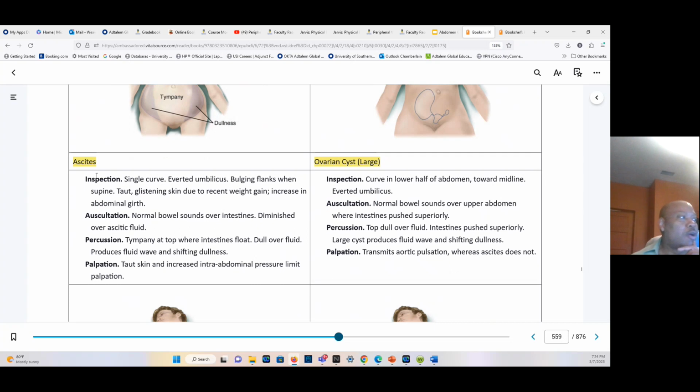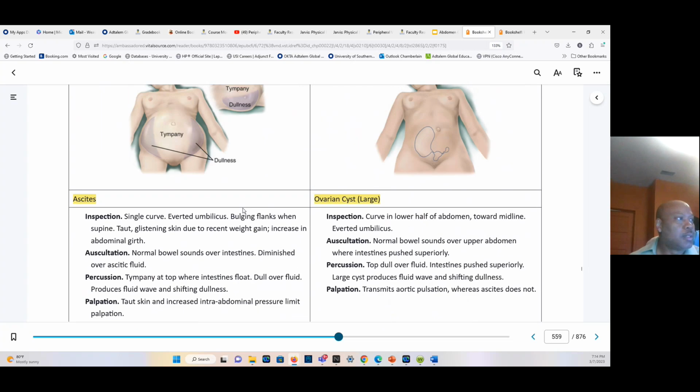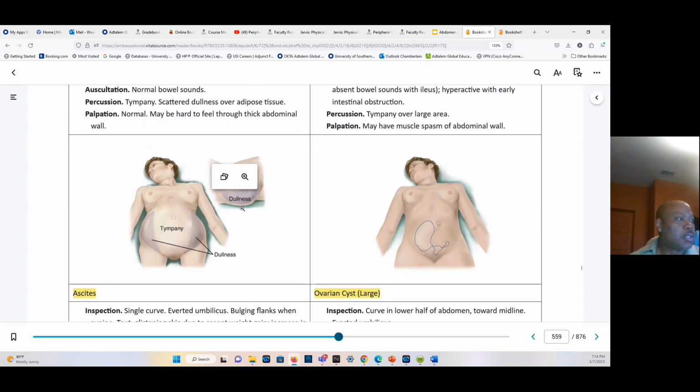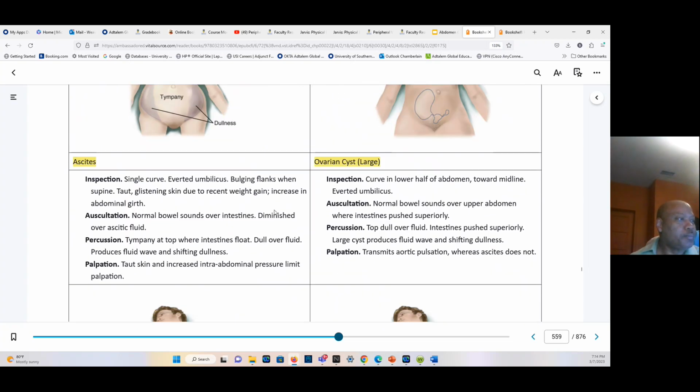Take a look at this one as far as ascites is concerned. A single curve, everted umbilicus. The flanks are bulging when the patient is in a supine position, and the skin is taut and glistening due to recent weight gain. There's also an increase in abdominal girth, so this is what you'll be able to visualize.